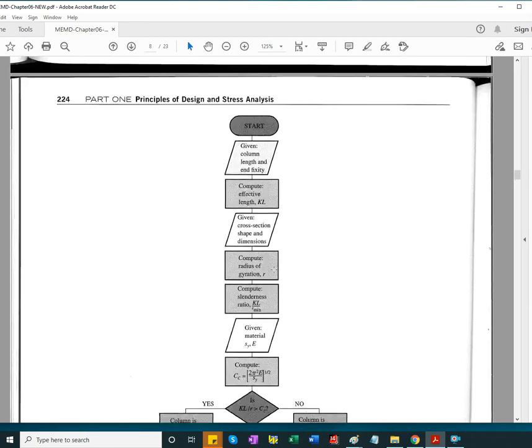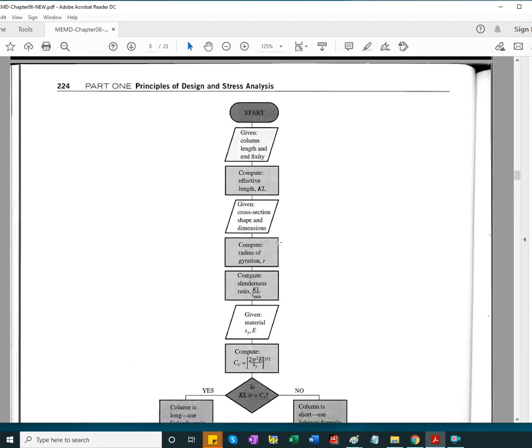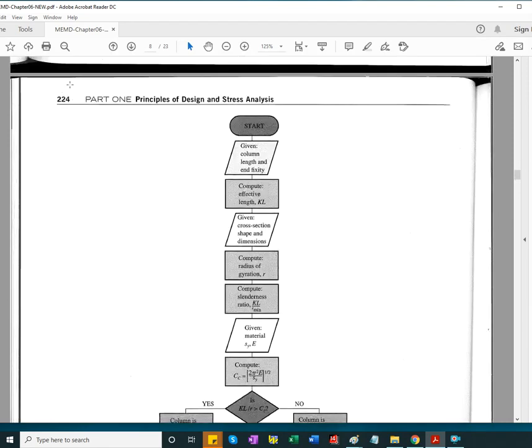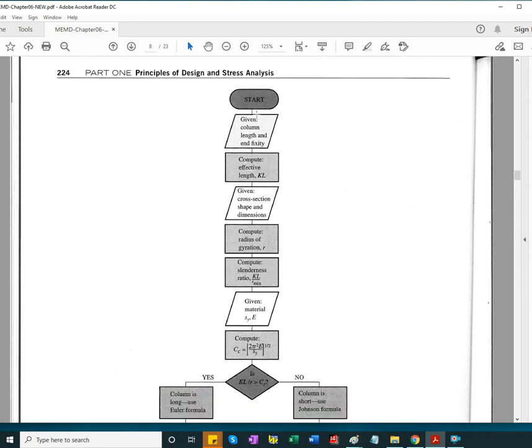So for analysis, this is a flow chart that I recommend you bookmark. You research the problem. I make sure I identify correctly the type of end support, that is, end fixity coefficients, and then you compute the equivalent length, LE, which is the end fixity coefficient times the distance between the supports.